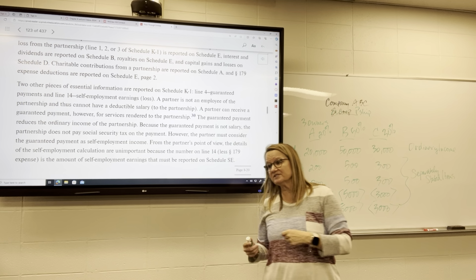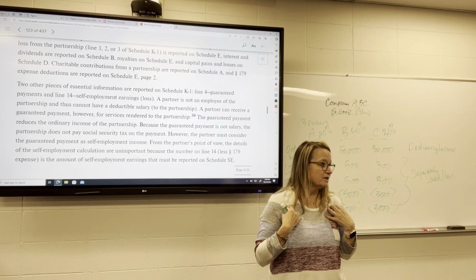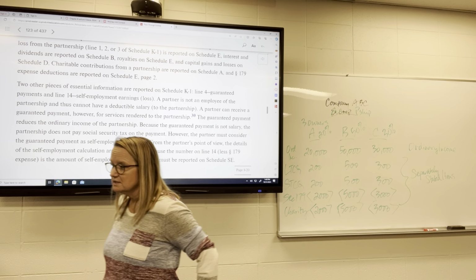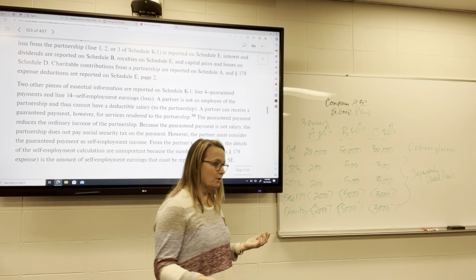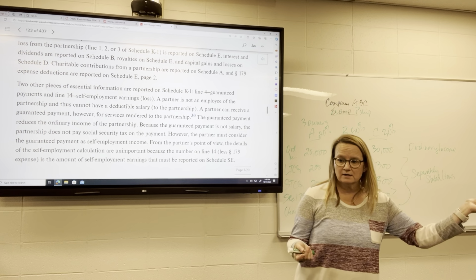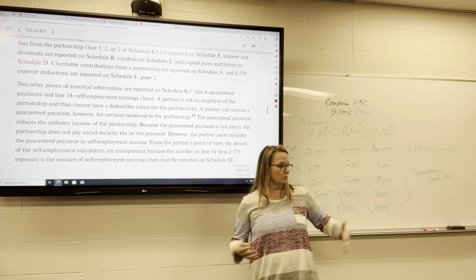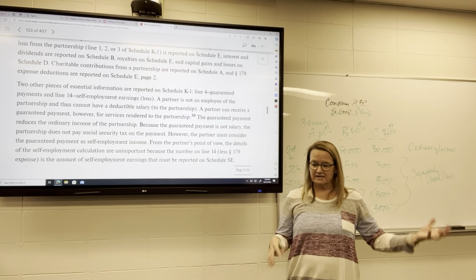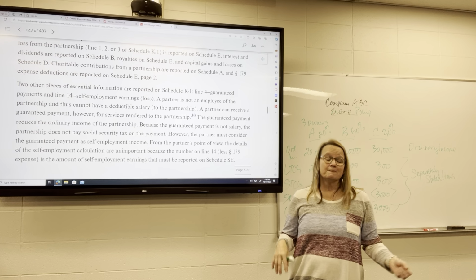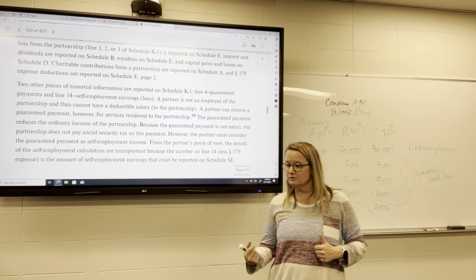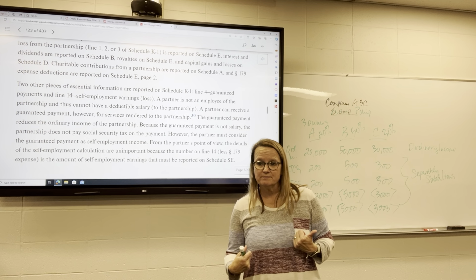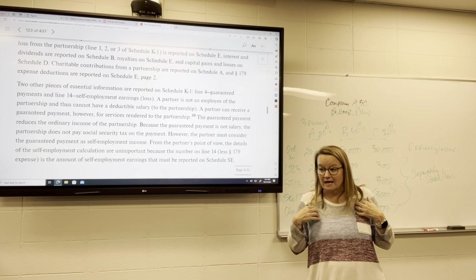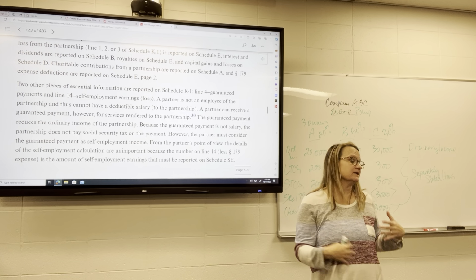If it's in the form of a salary, so for example, I have a partnership, I bake cakes, and I'm in partnership with Shelby here, and we both contributed to the partnership. We're both providing services to the partnership. I'm receiving $12,000 a year from that partnership, whether or not we make money. That's my salary, because I'm providing the services.